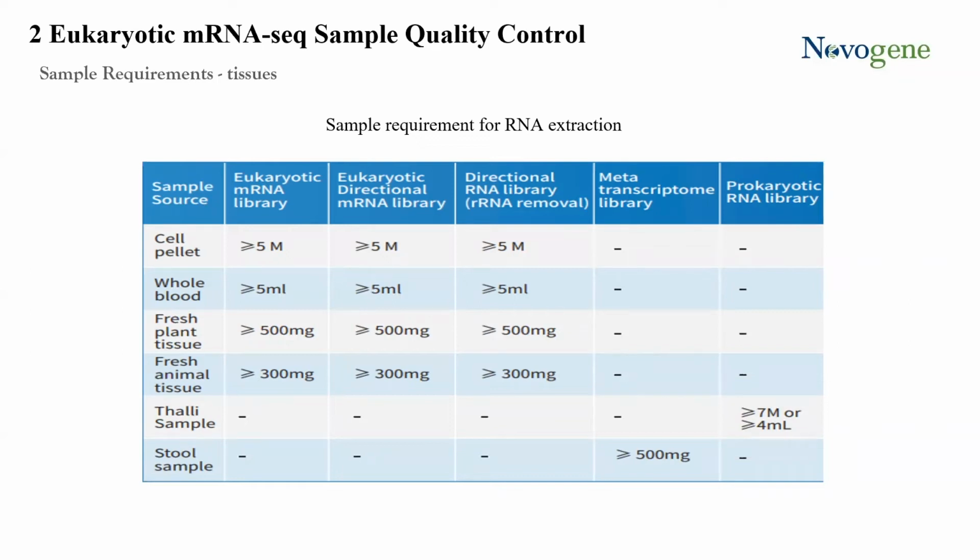For thallus samples, which are the vegetative masses from any kind of diverse groups like algae and fungi, we expect you to submit either greater than or equal to 7 million cells or greater than or equal to 4 ml. For stool samples for metatranscriptomic library prep, we expect you to submit greater than or equal to 500 mg. So if your samples don't fall in these criteria or your samples are very limited, please do check with us, and our labs have experience working with lower amounts too.